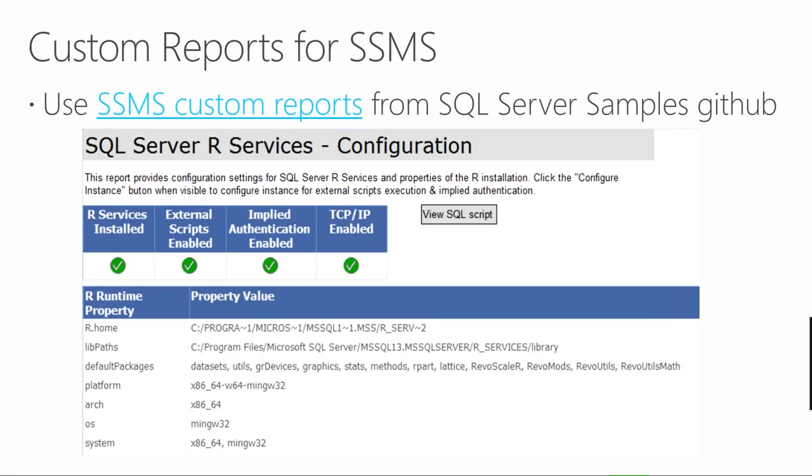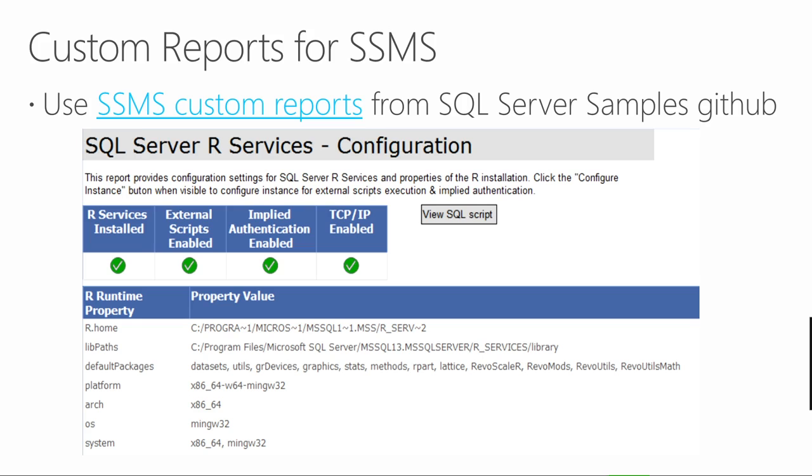A couple of things that you might want to do before you get started with SQL Server and R. This is the trap that I fell into when I tried this. I could not get it working, something to do with an authentication issue. It turns out that in SSMS, there's a custom report that you can add to look at the SQL Server R Services configuration. It will check 4 different things, like shown on this screen. If you had an authentication issue, the implied authentication enabled check would likely be orange or red.